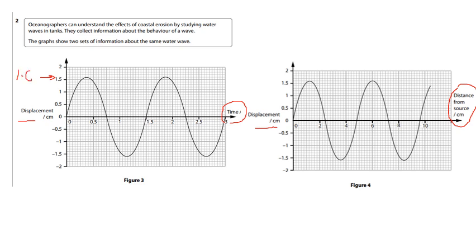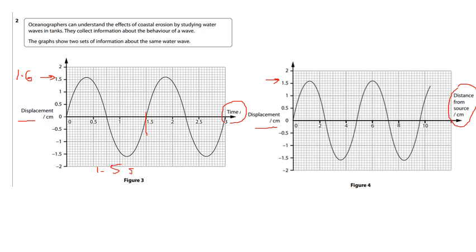The amplitude is 1.6, and that's the same on this one as well. So the amplitude is the same. However, on the time one, the time for one oscillation is there, and the time is 1.5 seconds.